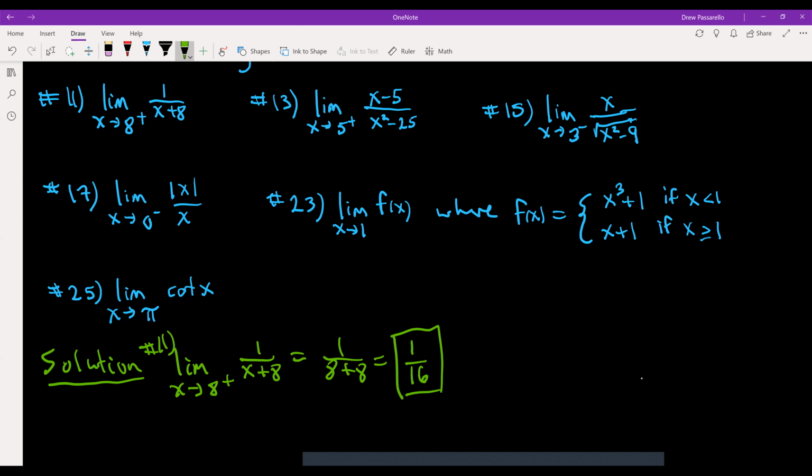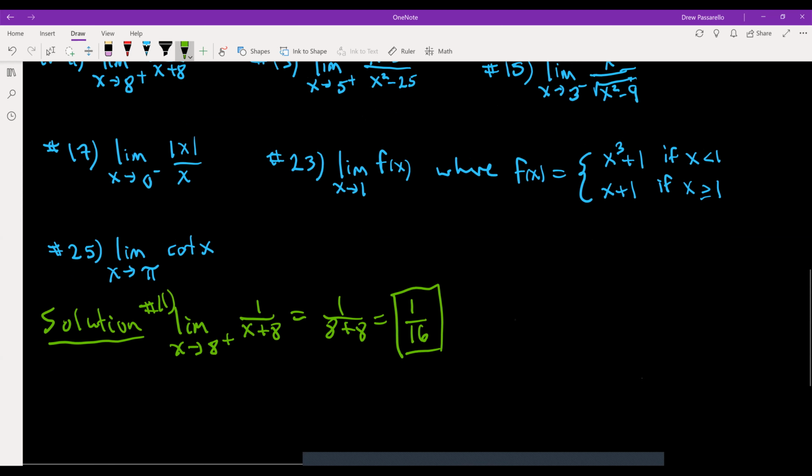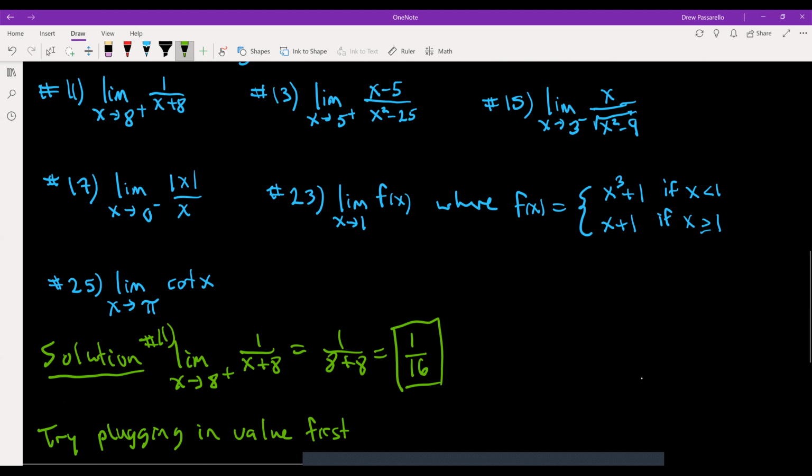And you'll see it's the same thing as x approaches 8 from the left. So I still just plug it in. So try plugging in the value first. Now number 13.